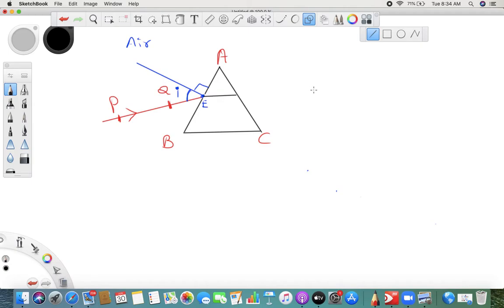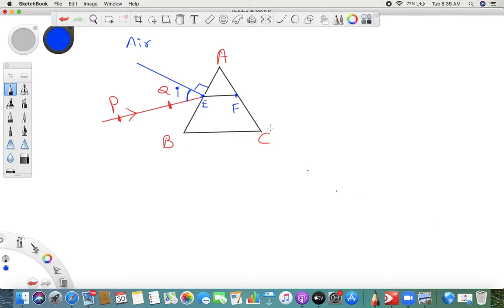Okay. So this bends towards the normal. Now, this is your point F. Now what happens is, again the light is incident on the surface and again the medium changes.